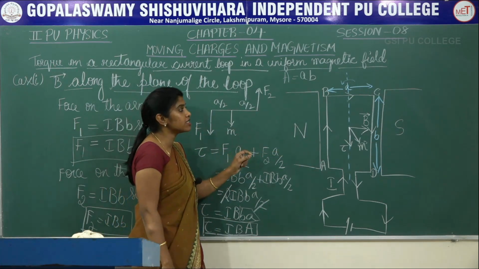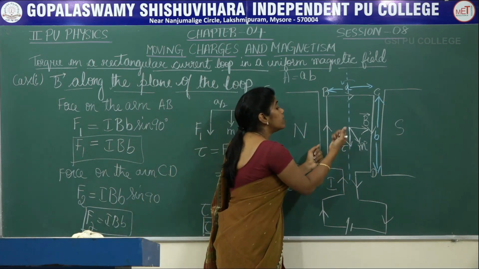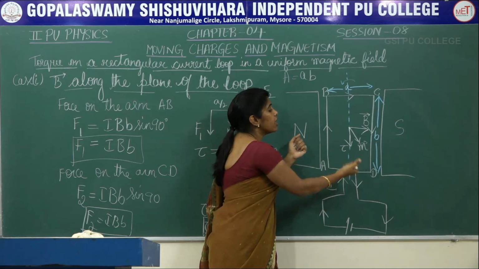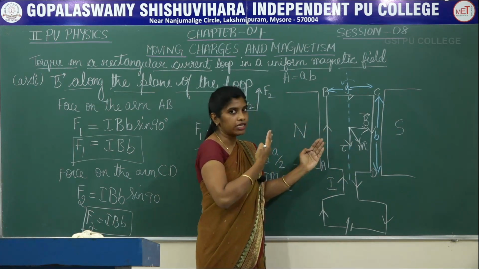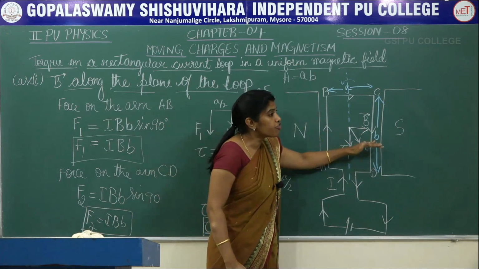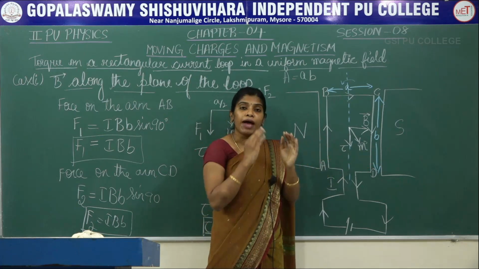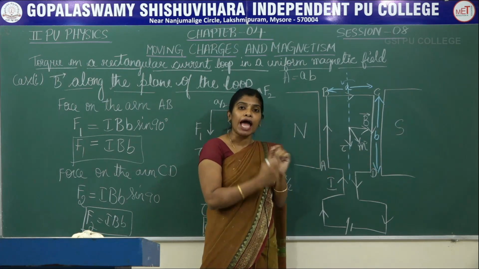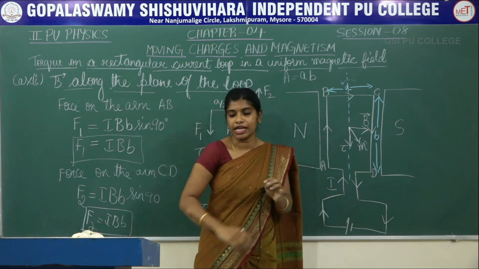Now let us discuss the second case. What is the second case? As I told, the couple, that is the rectangular loop, has started to rotate. Now as it rotates, the magnetic field is not acting along the plane of the loop. The magnetic field is going to make some angle with the loop, and we are going to take that as the second case.